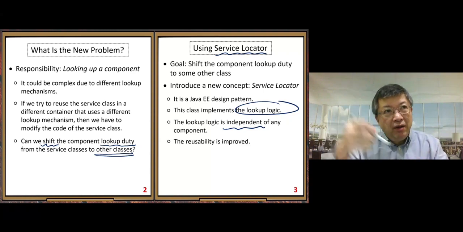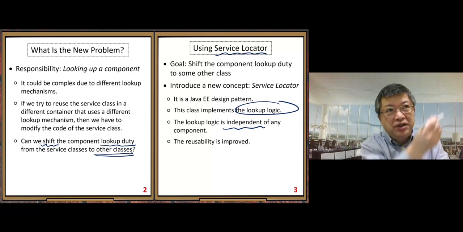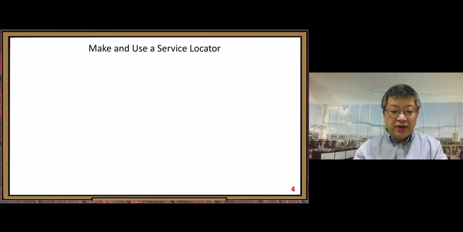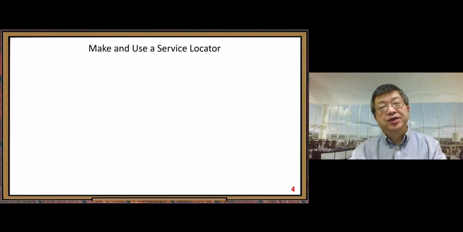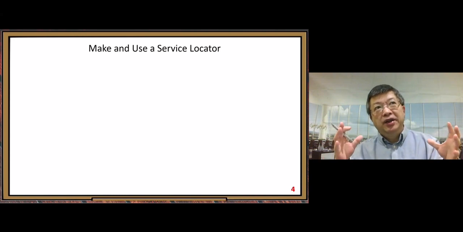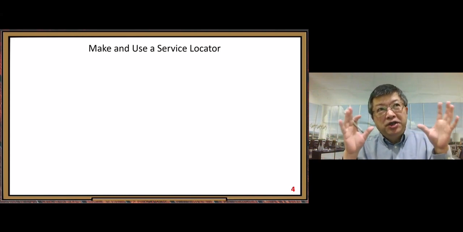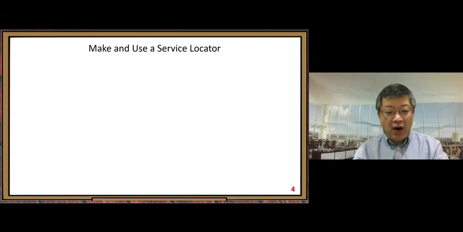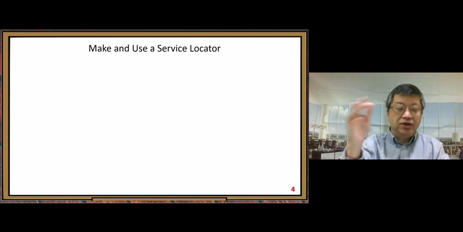So there is a connection there. Next, I want to show you how to make this idea happen. In my next two slides, I take the code segments to show you how to make it happen. The first part: make and use the service locator.